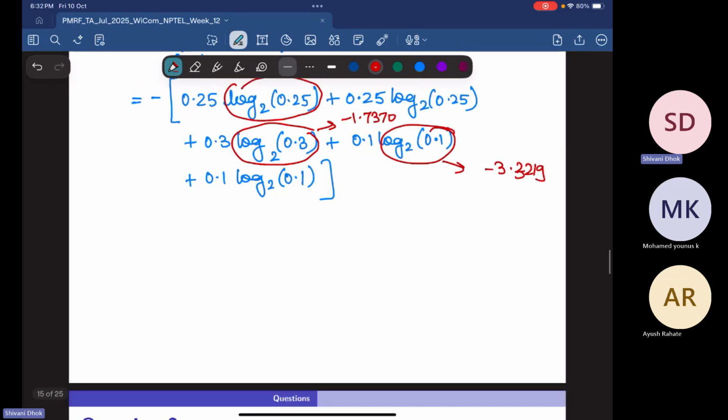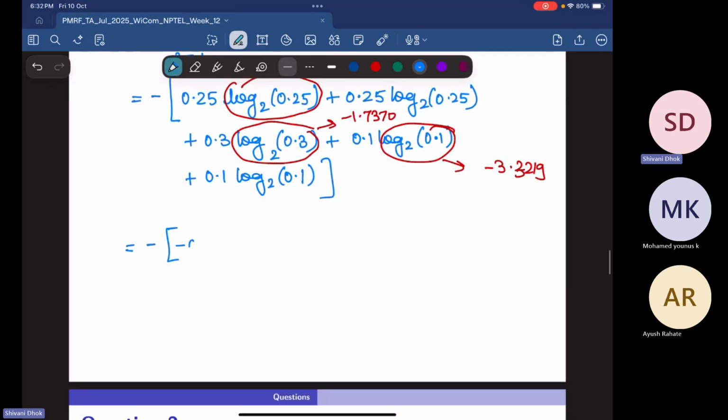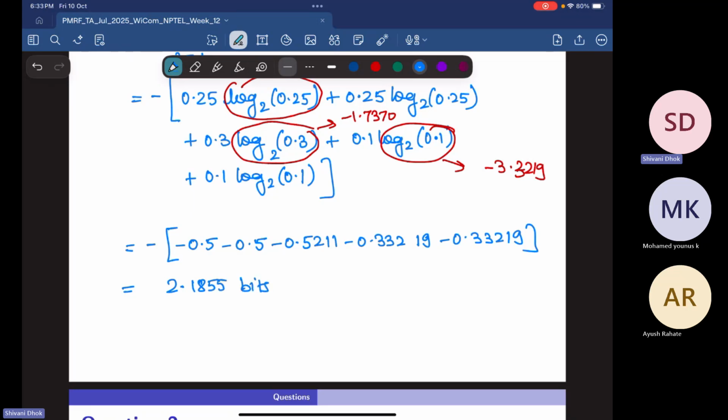If I substitute these values in this equation, what I am left with is minus of 0.25 into minus 2, that comes out to be minus 0.5, again minus 0.5, minus 0.5211, minus 0.332219, and minus 0.332219. And this comes out to be equal to 2.1855 bits per channel use.